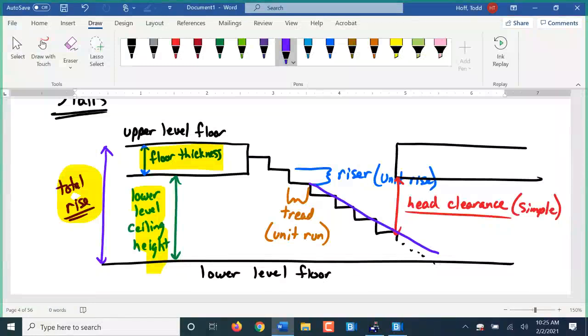In other words, if you laid a flat, thin piece of plywood on the step so it went down at an angle like this purple line here, it's the distance perpendicular from that line to the edge of that stair opening. You can see that's considerably shorter than the red line.